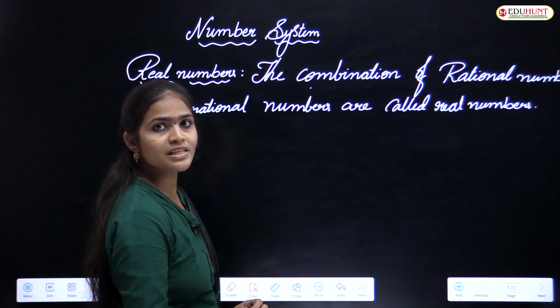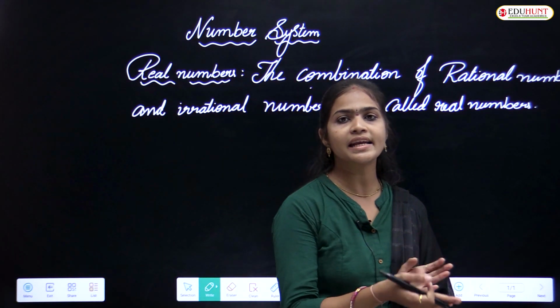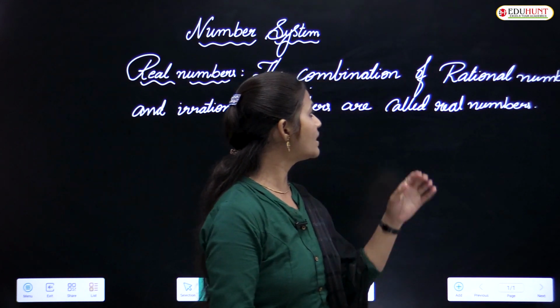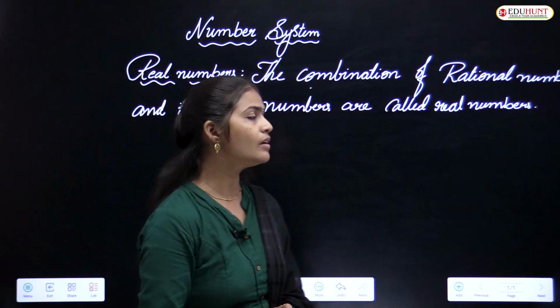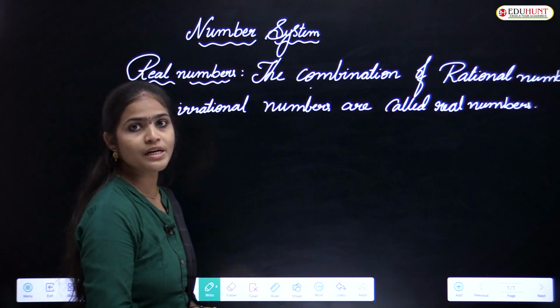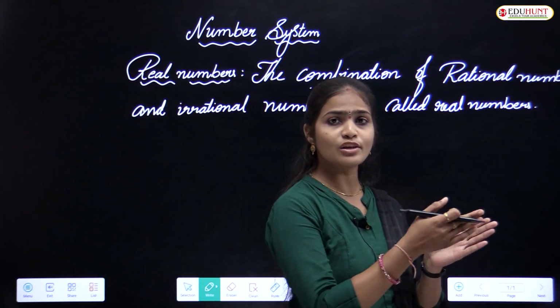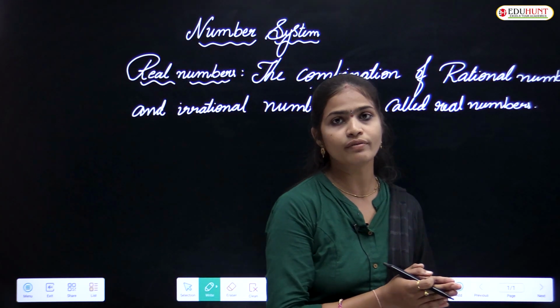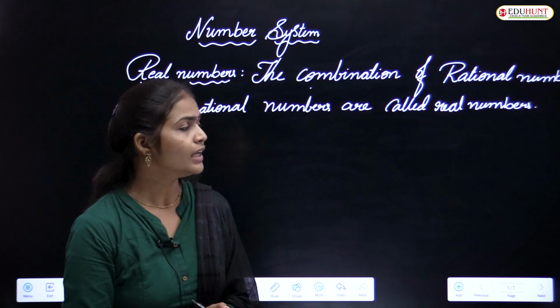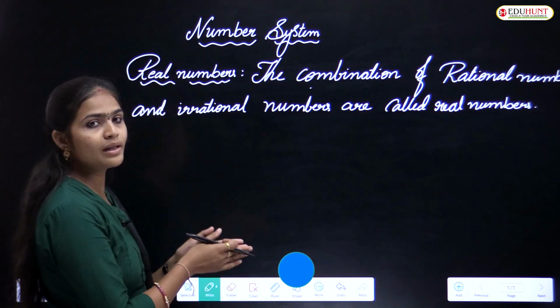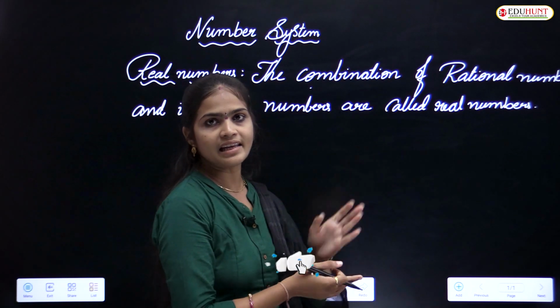In real numbers you can observe rational numbers and irrational numbers also. Which means in real numbers we can observe all integers, fraction parts, negative fractions, positive fractions, and square root values also. All those numbers we will call real numbers.